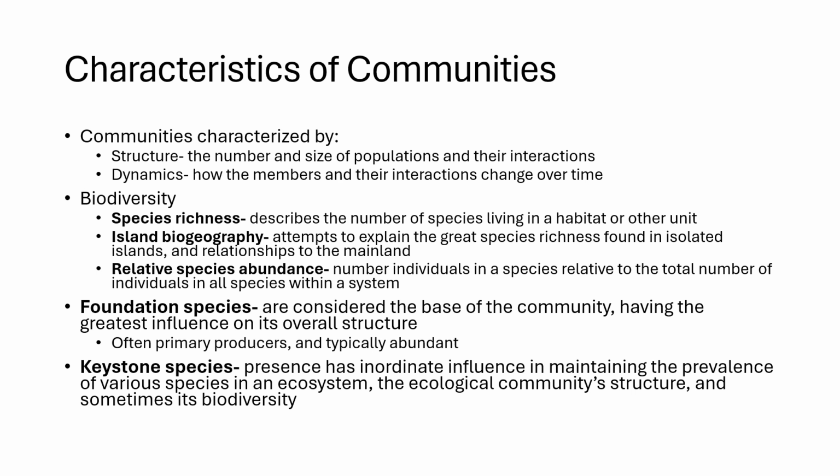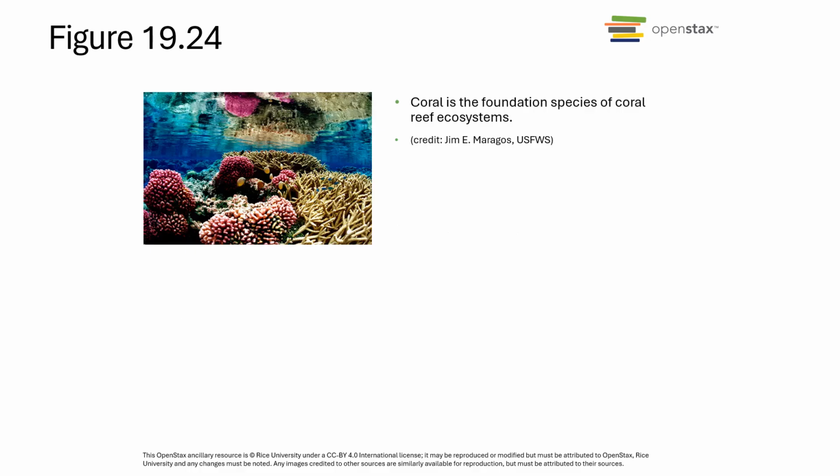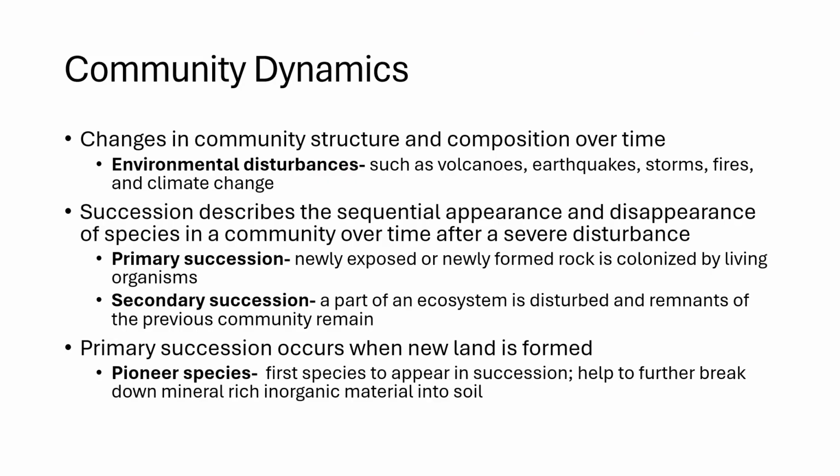But it can be other stuff as well. It could be like a limiting factor, certain nutrients that only a certain type of fish is putting into the water via their digestive cycle. So in the instance of a coral reef, of course, the coral is the foundational species of the reef ecosystem.